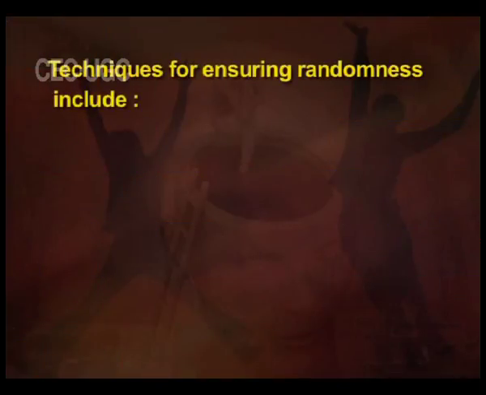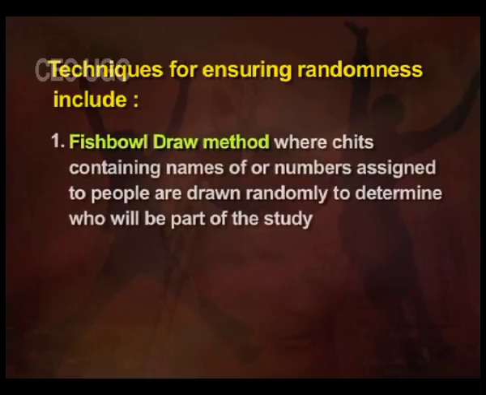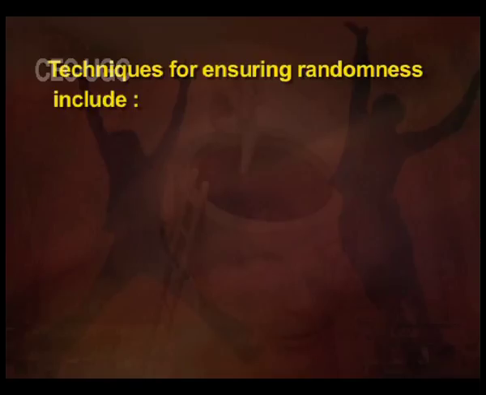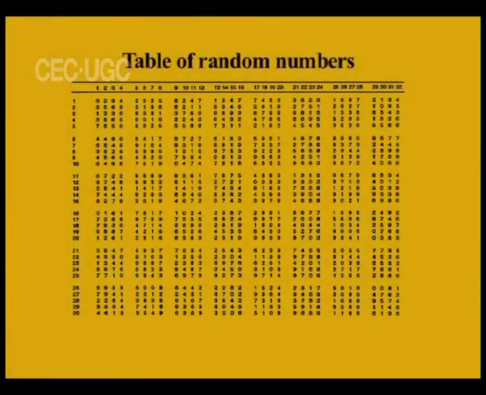Techniques for ensuring randomness include the fishball draw method, where chits containing names of or numbers assigned to people are drawn randomly to determine who will be a part of the study. The second method for ensuring randomness is the table of random numbers, which requires assigning numbers to individuals and then randomly selecting some numbers from a table which lists out all these numbers arbitrarily.